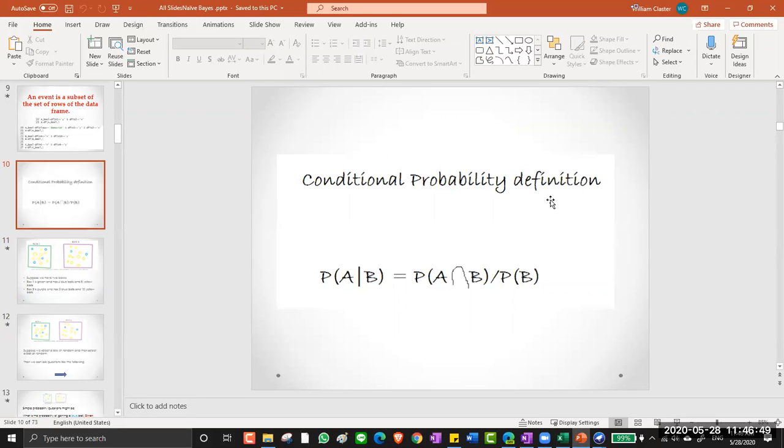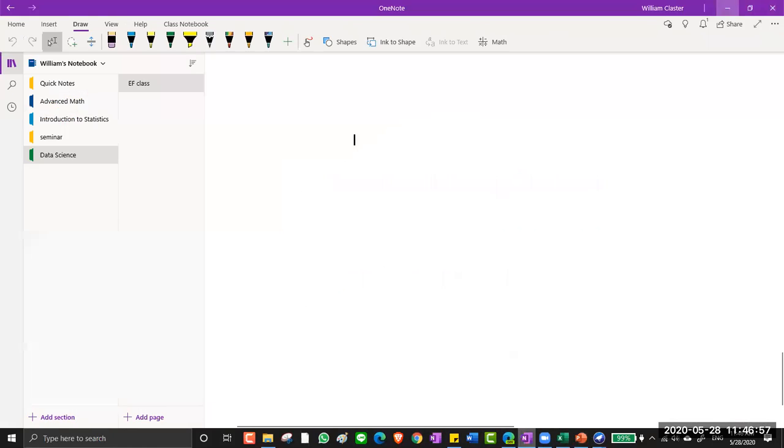But I want to explain it a little bit carefully. I can't spend too much time on it, but we should talk about it. So I'm going to use this thing.